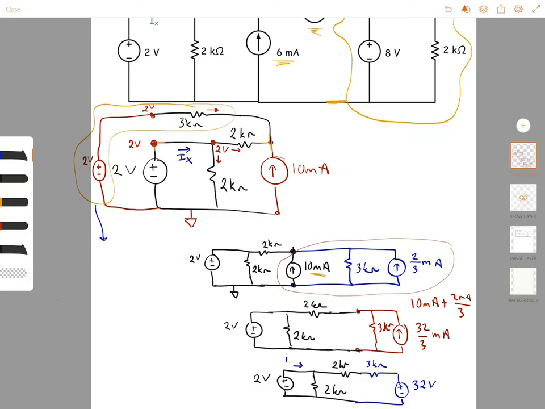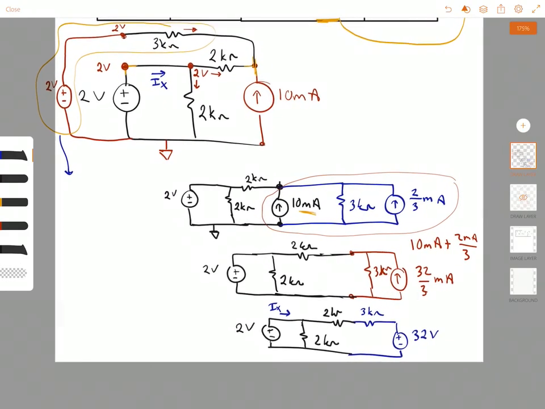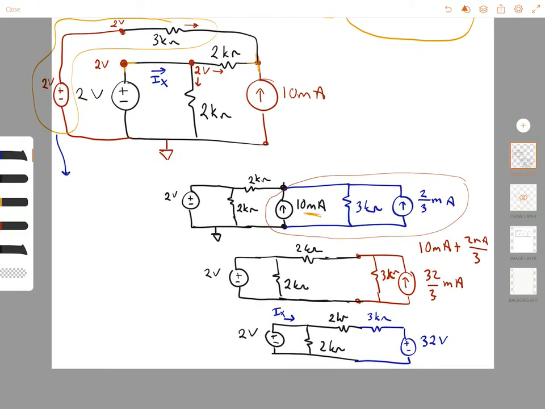Now don't forget the question. The question is asking for this Ix. So what we can do at this point is again do one more simplification. We can combine these. This gives us 5 kilo ohms, and then we have a 5 kilo ohm 32 volt. We can convert it back to a current supply and a parallel resistor combination. This is 5 kilo ohms.